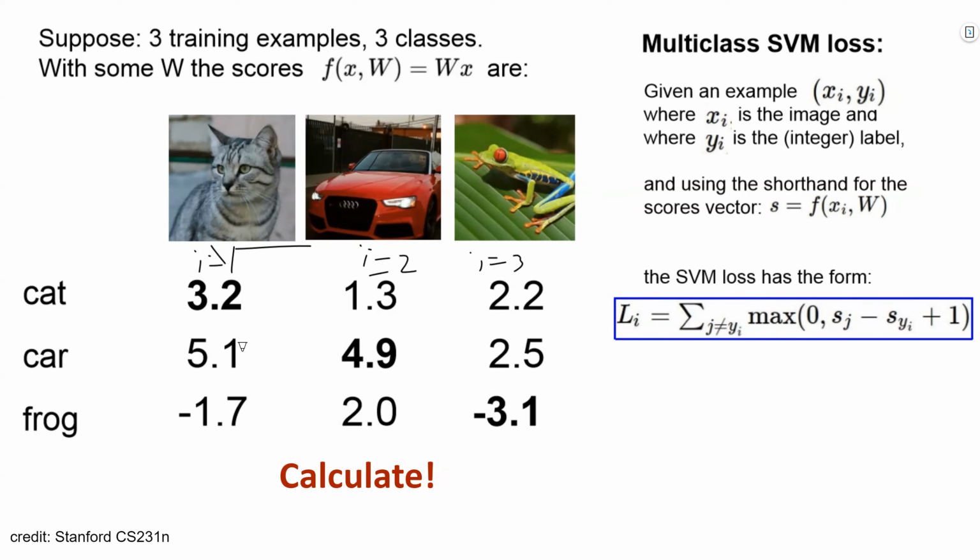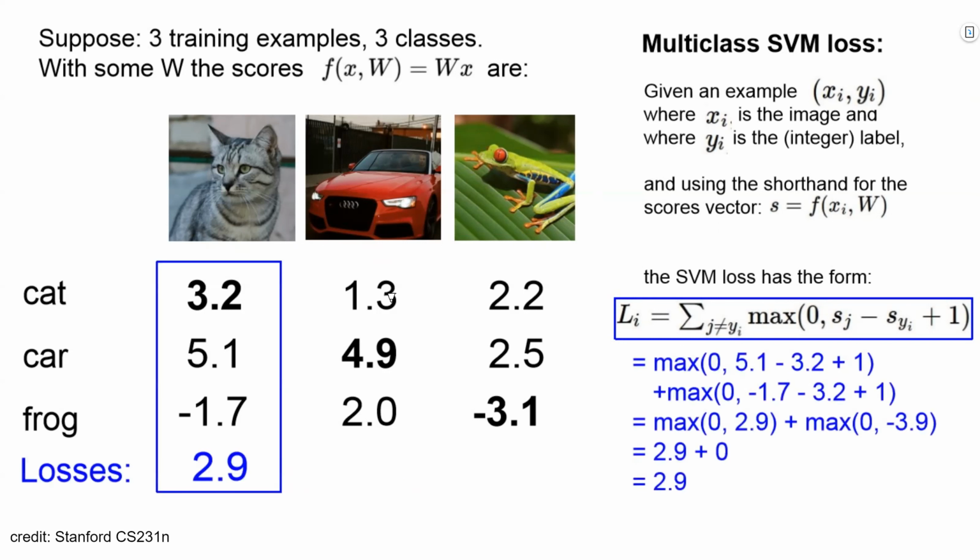All right, have you finished calculating the SVM loss? Let's check your calculation together. As I told you, you need to compare this score with that of car, and that of frog. And we need to add plus 1 because they are the margins. And this one becomes 5.1 plus 1 becomes 6.1.